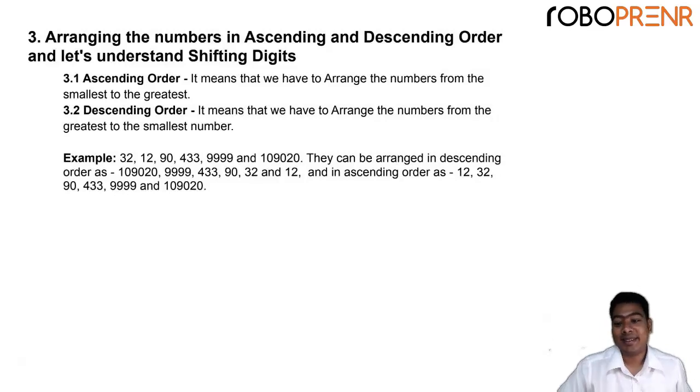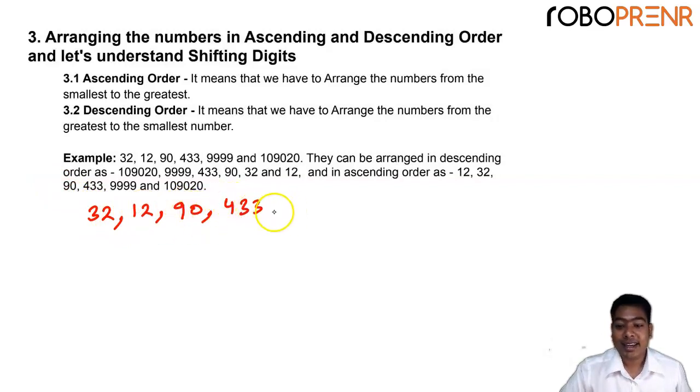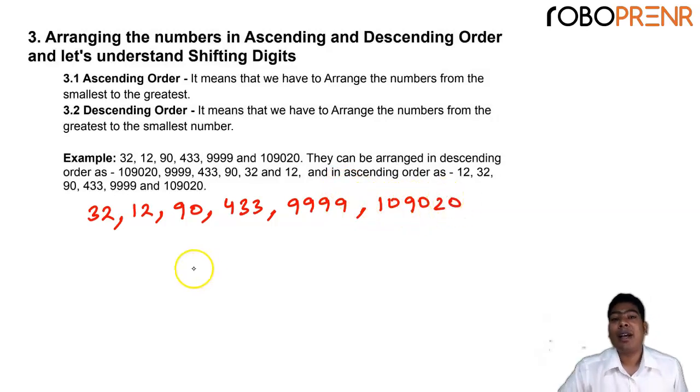Let's take the numbers 32, 12, 90, 433, 999 and 109020. Let's arrange these numbers in ascending order first.